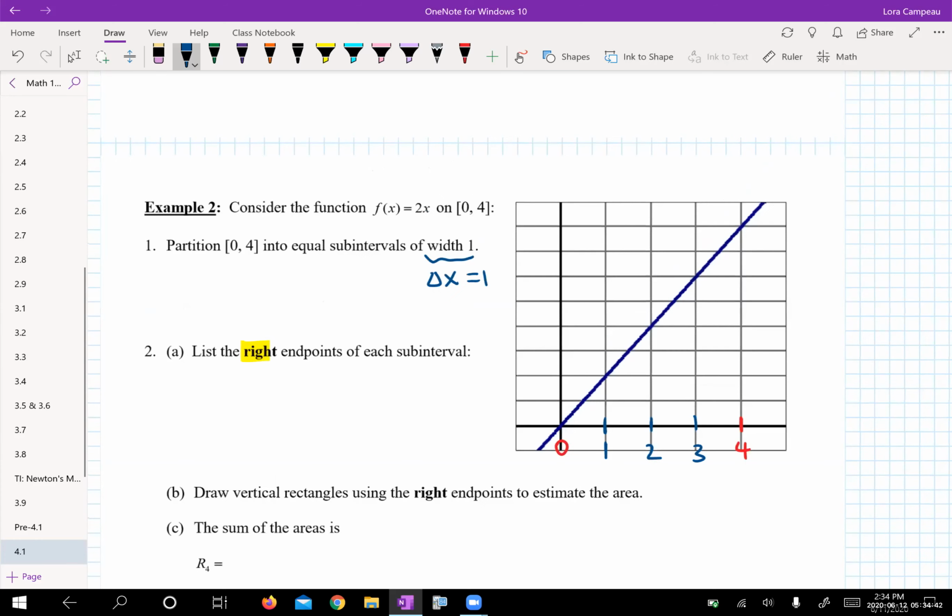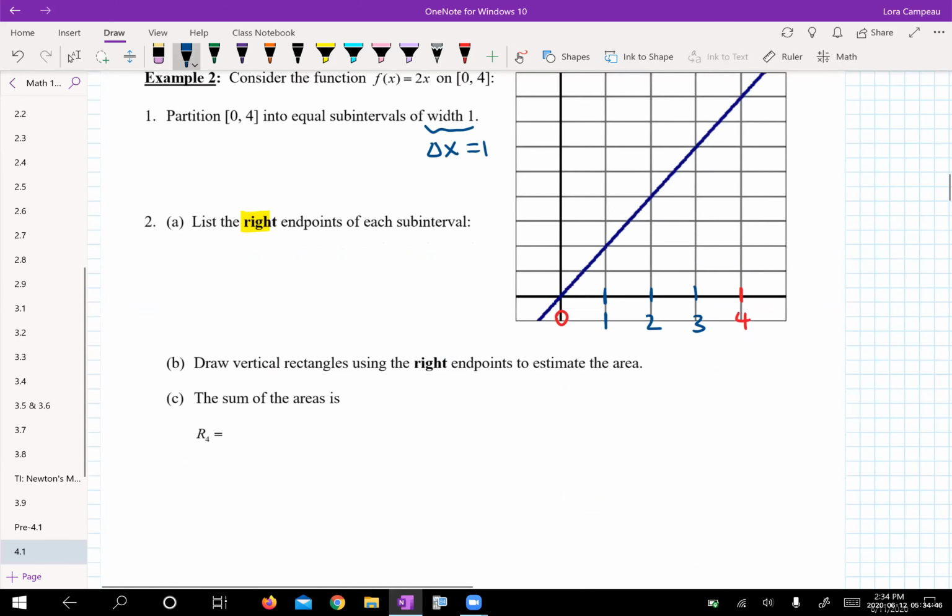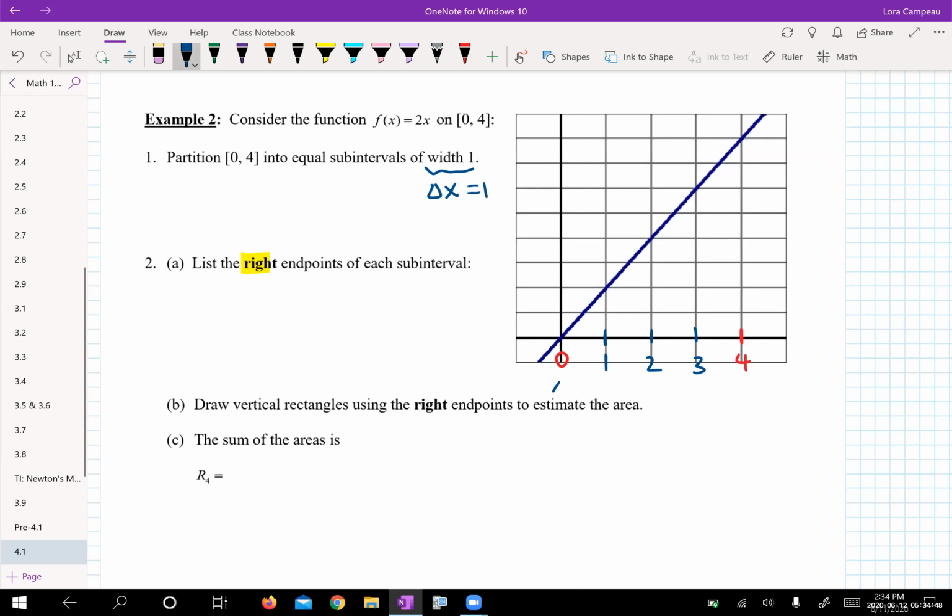And if we do this, if you want to name off your subpoints, what do you have? X sub 0, x sub 1, x sub 2, x sub 3, x sub 4. Now, remember, the idea is to find the area underneath the curve from x equals 0 to x equals 4.